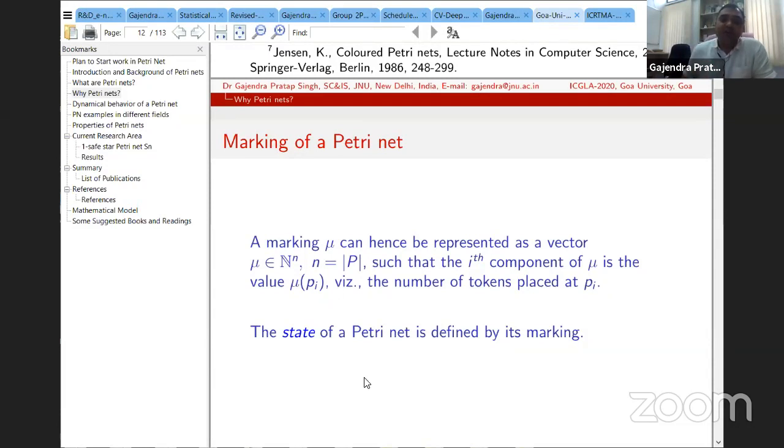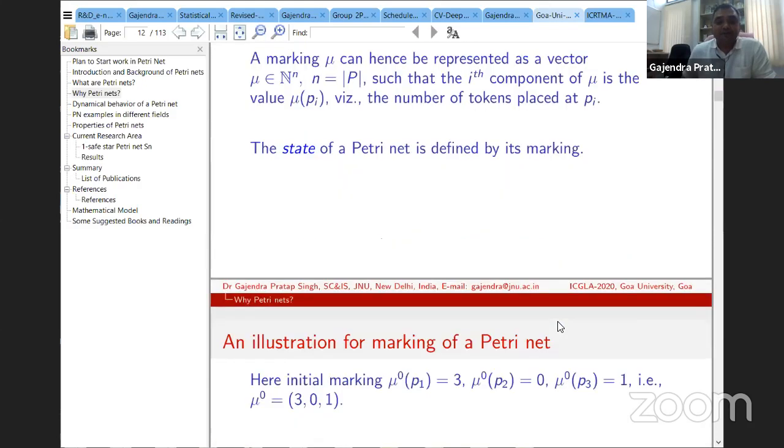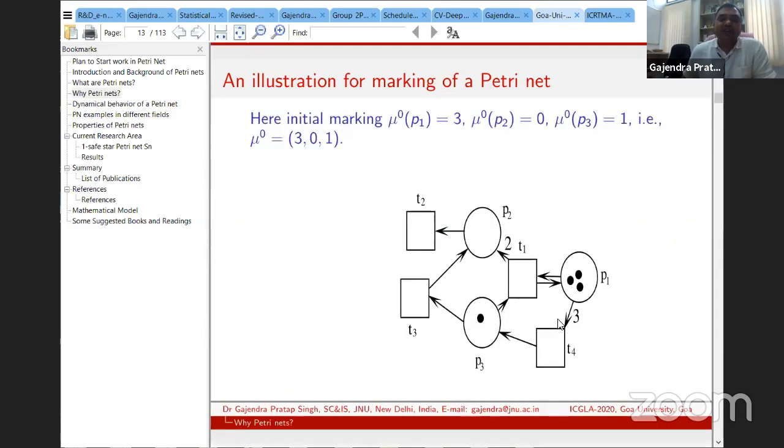The state of a Petri net is defined by its marking, or change of state. This is a very simple example. Here we have 3 places and 4 transitions. Place P1 consists of 3 tokens, hence we can write mu naught of P1 is 3, mu naught of P2 is 0, there is no token, and mu naught of P3 is 1.